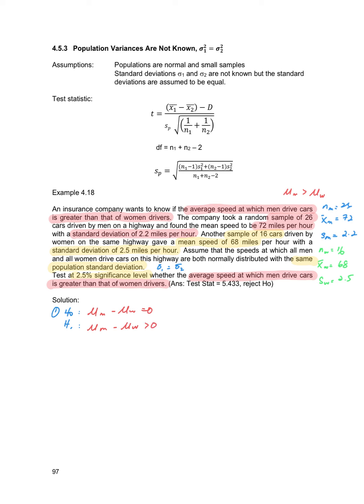Okay, ataupun boleh buat mu M equals to mu W versus mu M greater than mu W. So this one is right tail lah.